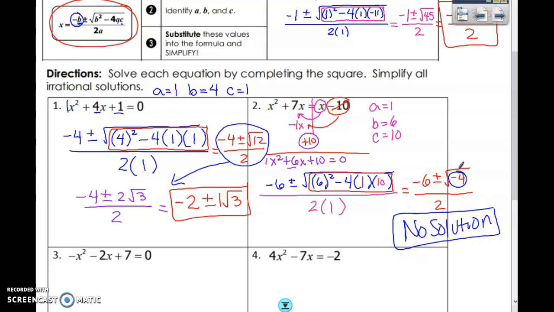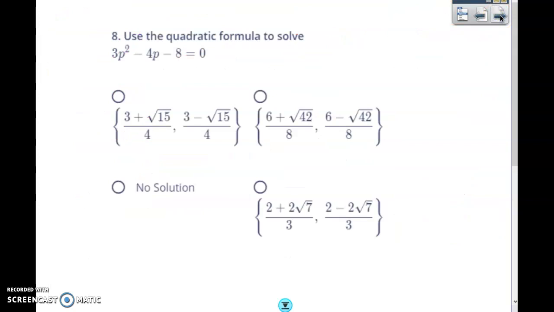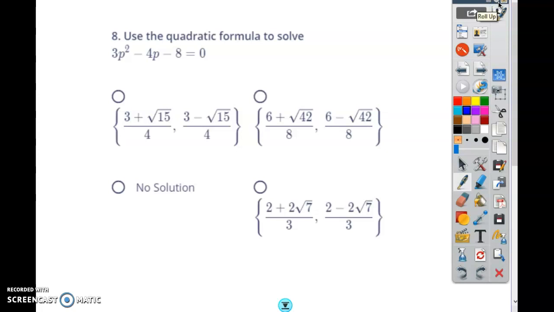Because there cannot be a negative underneath the radical. Okay? If there's a negative inside the radical, it's no solution. If you type this in Desmos, it's no solution. This is what it looks like. It looks like that because it's never going to cross the x-axis. That's no solution. Okay? On the next video, I'm going to show you how to do these type of problems in Desmos because this is how you're going to do it in the quizzes right now. So watch the next video.